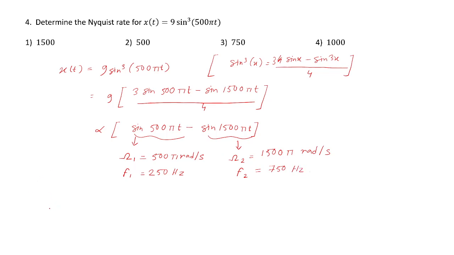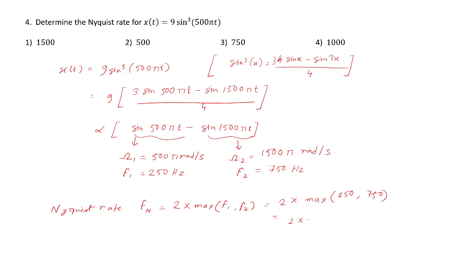So like the previous two problems, the Nyquist rate, if we denote it as f_N, is 2 times max of f1 comma f2, which is 2 times max of 250 comma 750.